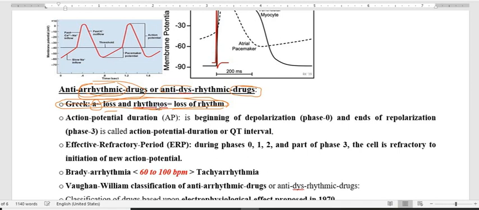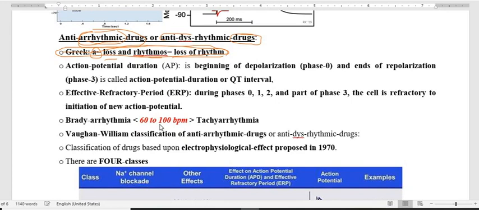Now we have to go through the heart, which is in rhythm when beating 60 to 100 beats per minute.